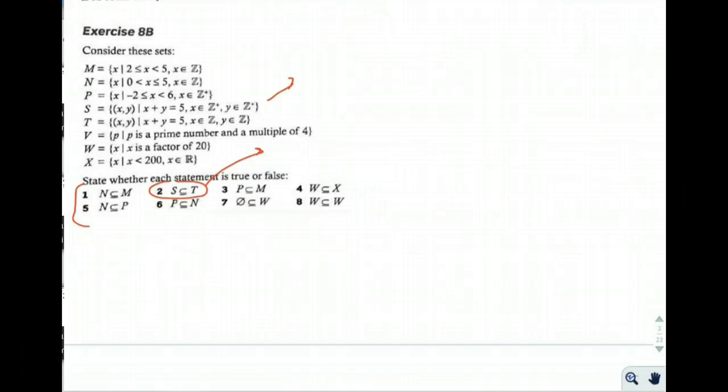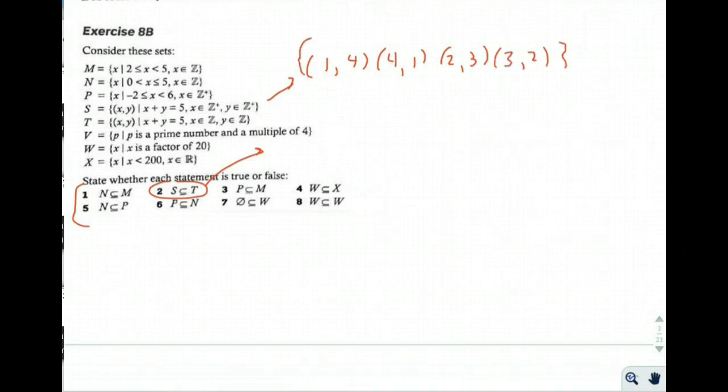So this could be like 1 comma 4, 4 comma 1, 2 comma 3, 3 comma 2, right? I think we did this one above there. And then T is similar to that. Not only do we have all these repeated, but we're saying they could be any integer. So that means that includes negative integers and zeros. So we can include 0 comma 5, 5 comma 0.